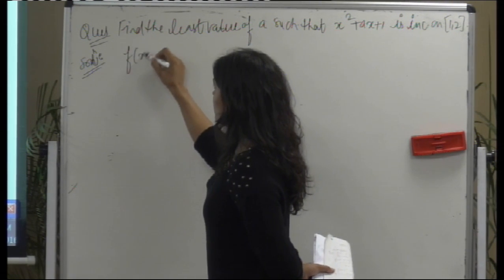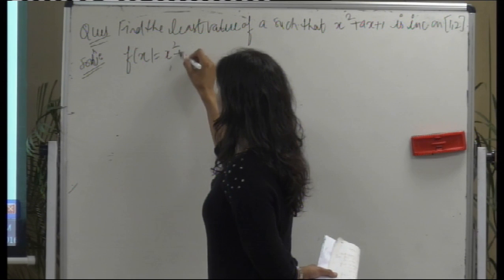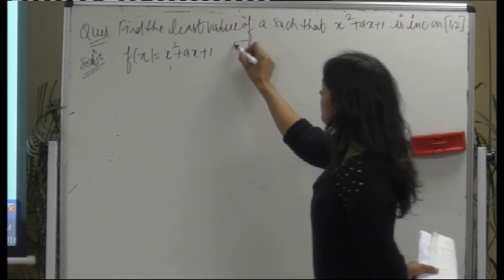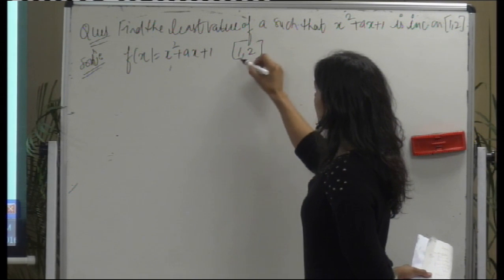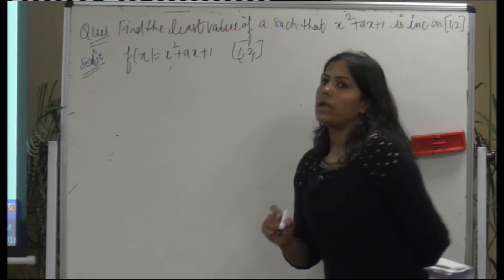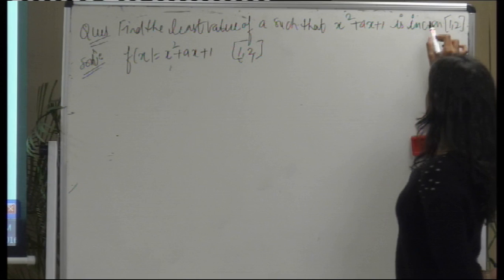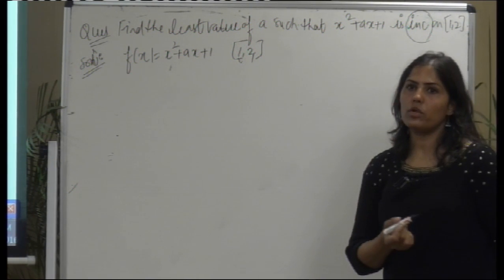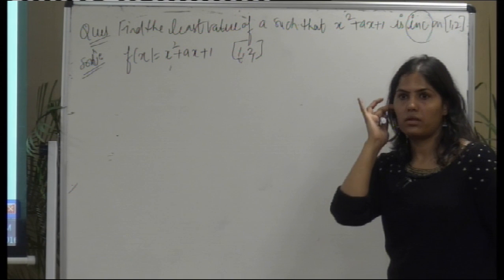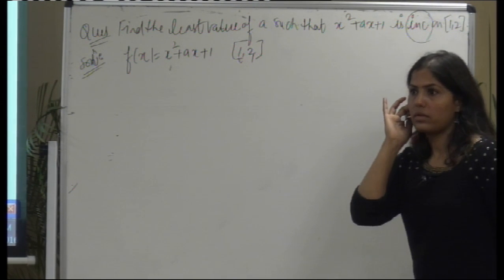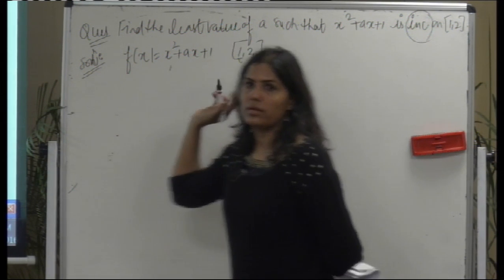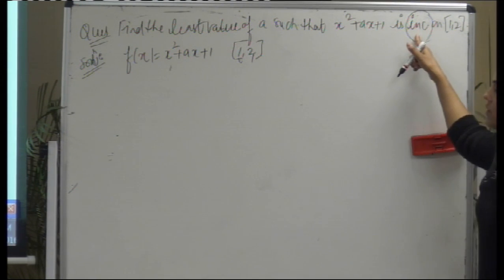f(x) is x square plus ax plus 1. The interval is 1 to 2, where 1 is included, and if it is increasing, then what will be the least value? It is given that the function is increasing.